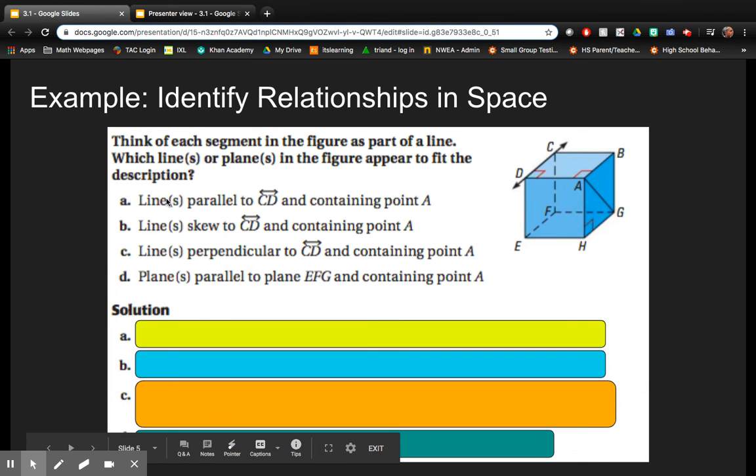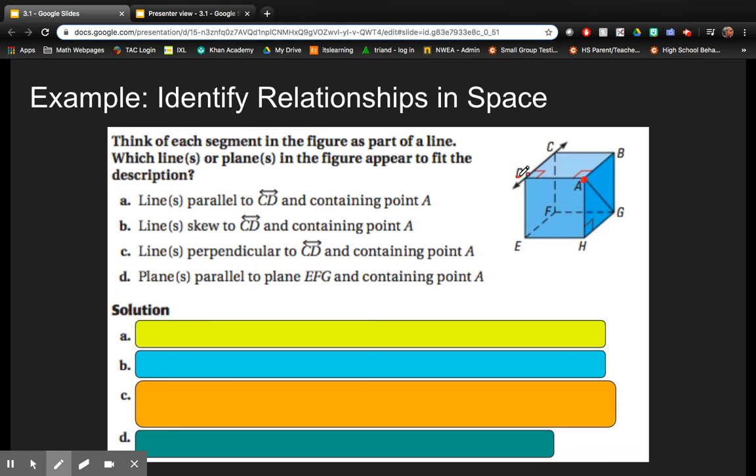Description A: line or lines parallel to CD that contain the point A. Let me get something to draw.